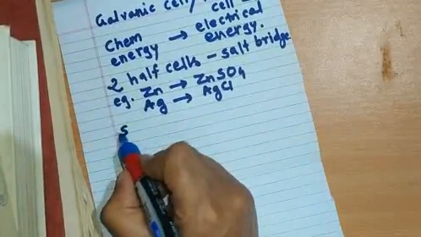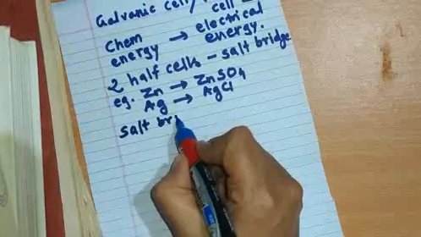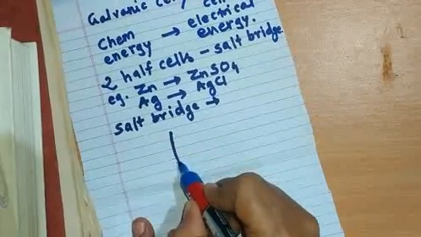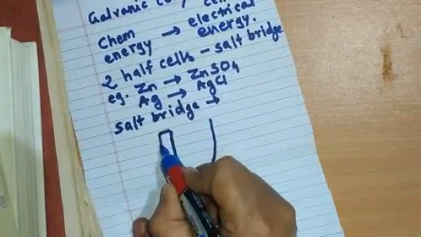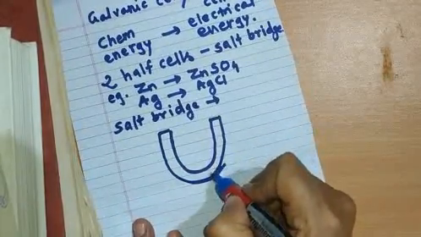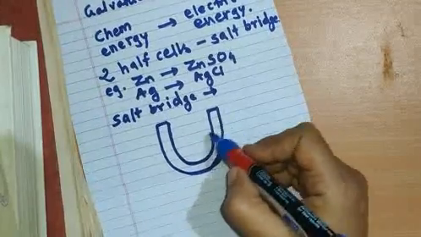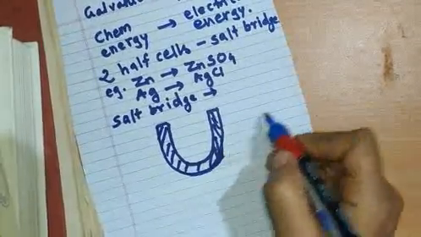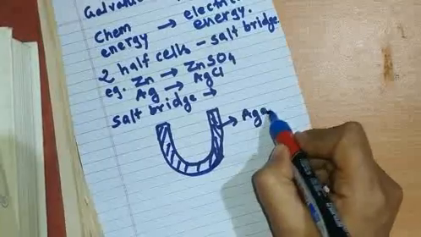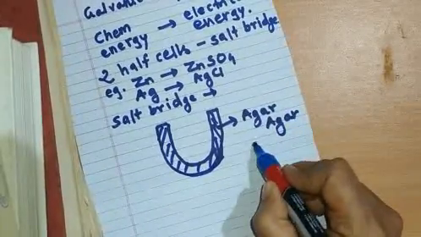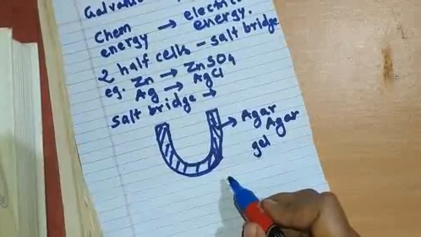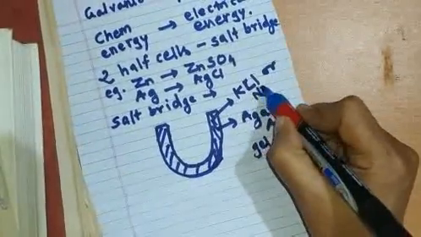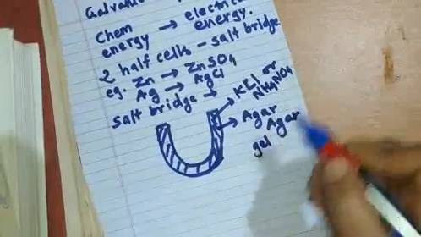Then what is the salt bridge? A salt bridge is nothing but a U-tube in which agar-agar gel is filled, in which neutral or inert solutions like KCl or NH4NO3 solution are also filled.